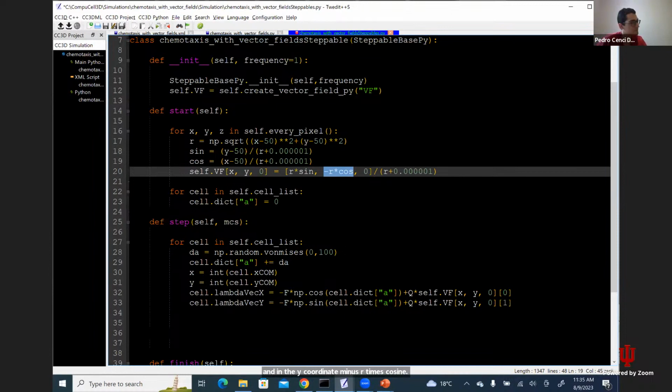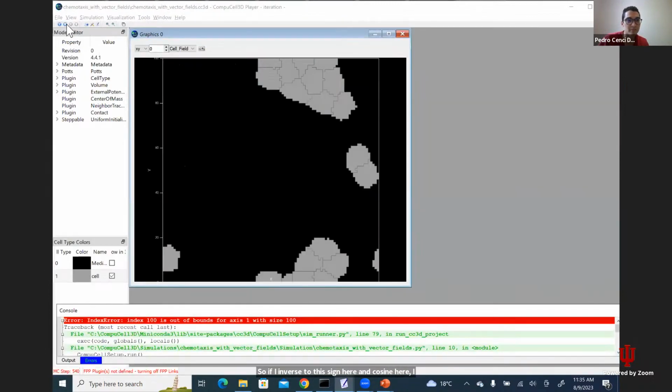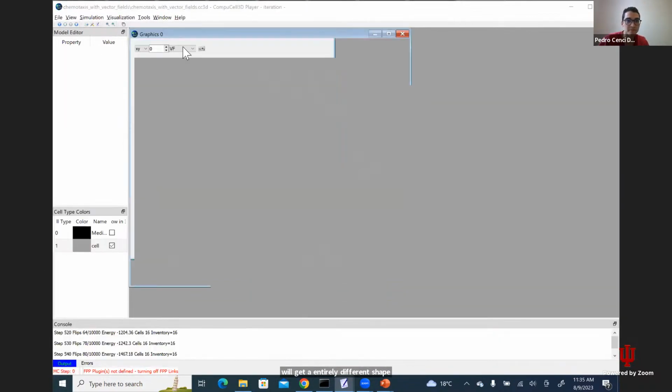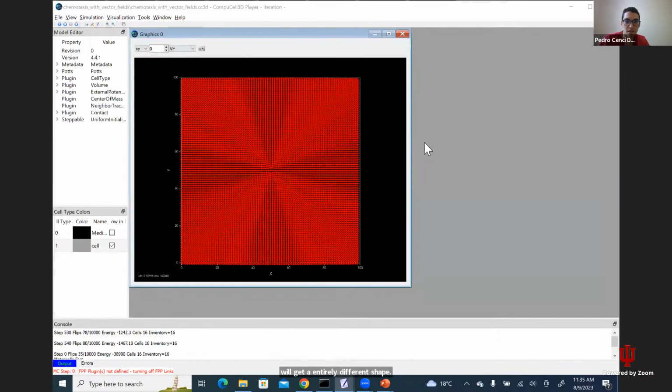This is not easy to explain in a few minutes, but you can type whatever you want actually. So if I invert this sine and cosine, I will get an entirely different shape. Let me show you. Yeah, so this is a completely different shape.